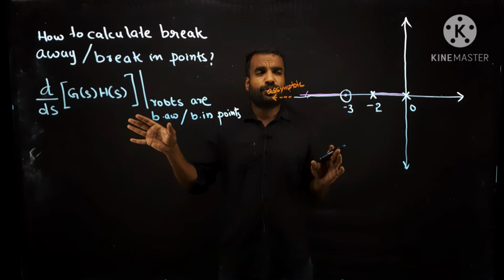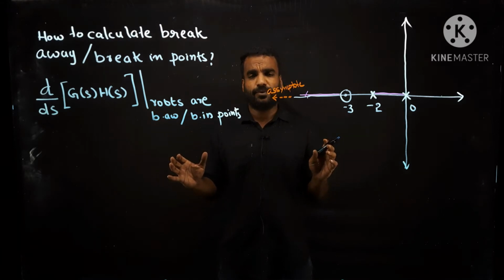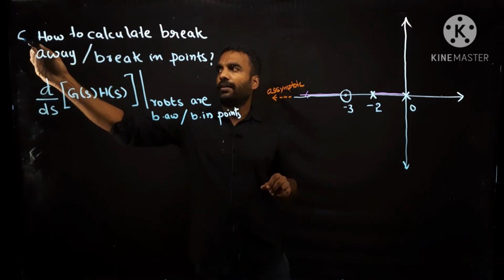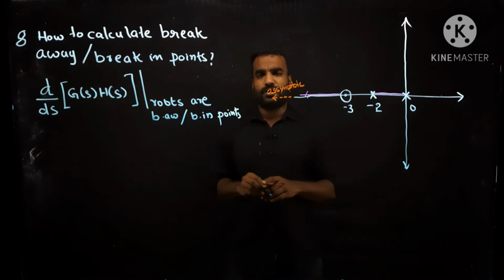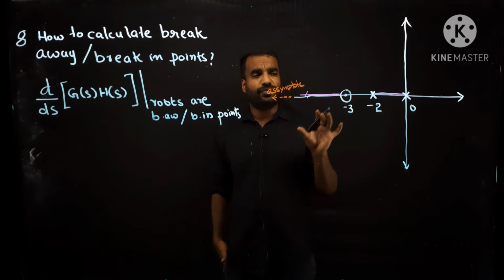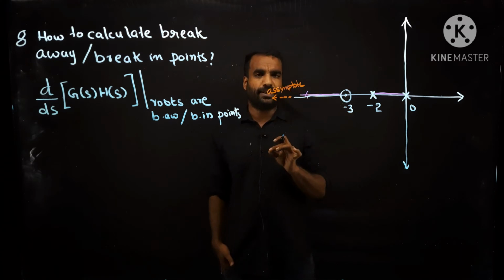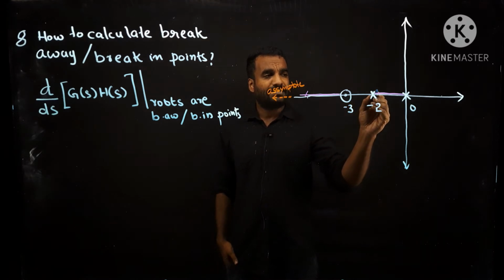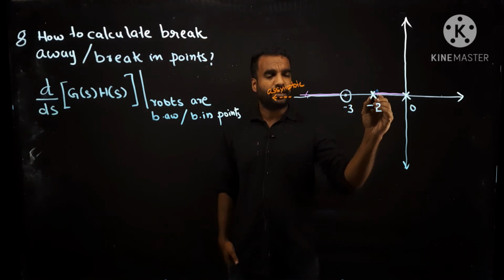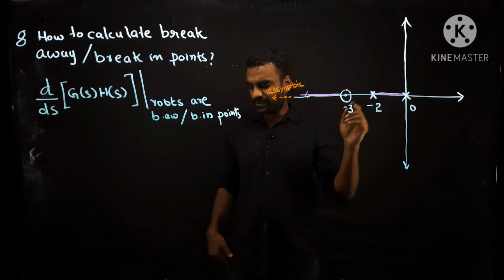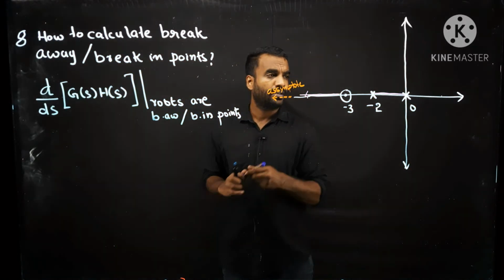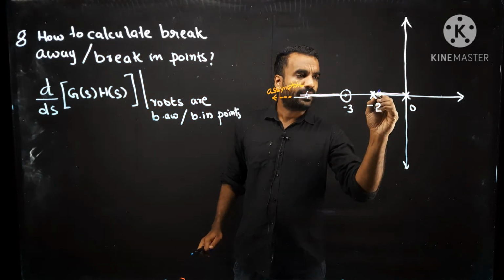For the calculation of the exact breakaway and break-in points, we need rule number 8. Rule number 8 will give you the exact position of the breakaway and break-in points. We know that as 2 poles are there, they will travel like this.